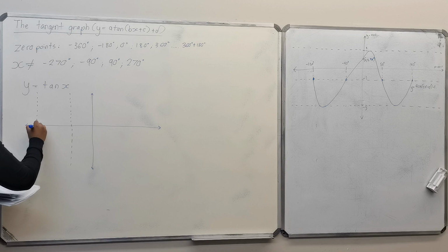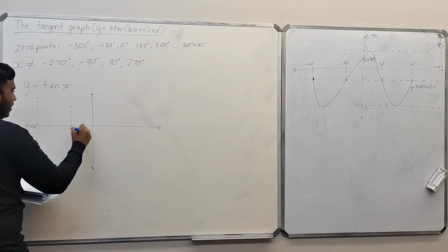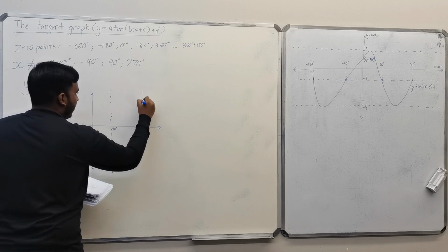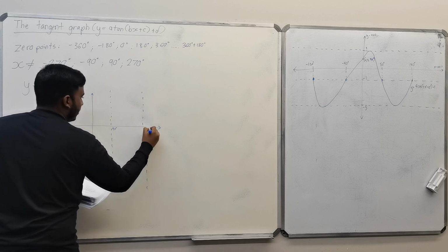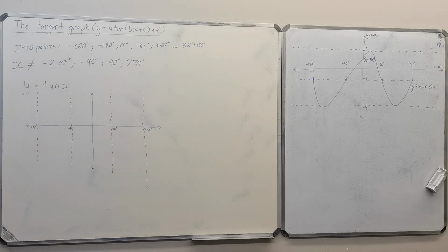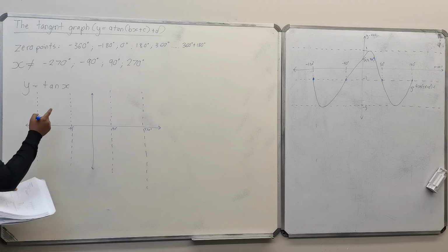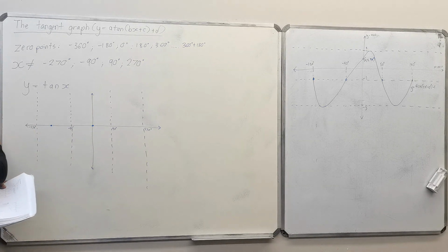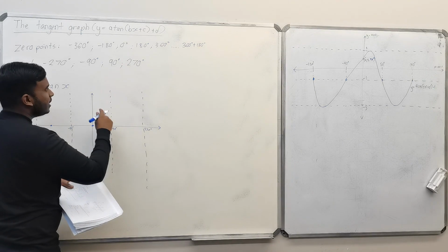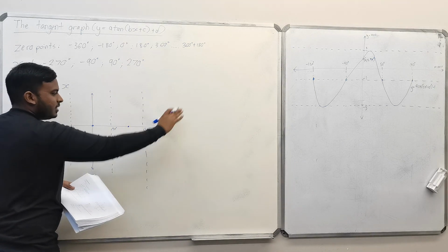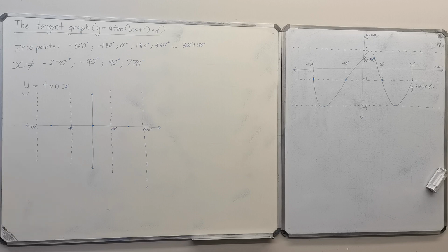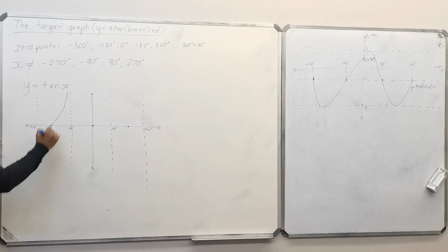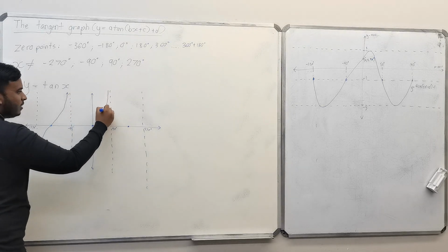So this is minus 270, minus 90, 90, 270, so on. It's equal to 0 at which point? At 0, at negative 180, and then negative 360 and onwards. And over here 180, 360 onwards. All you need to do when you're drawing this graph is draw it between these lines where it's not equal to x value.